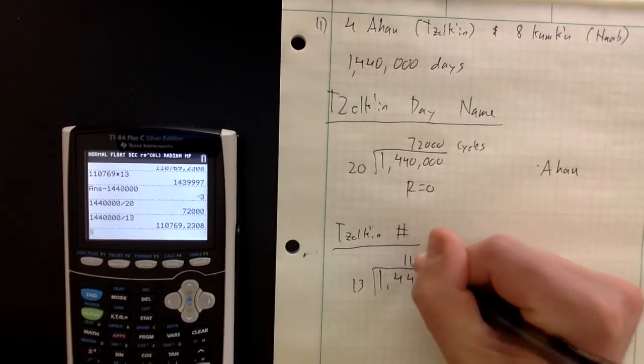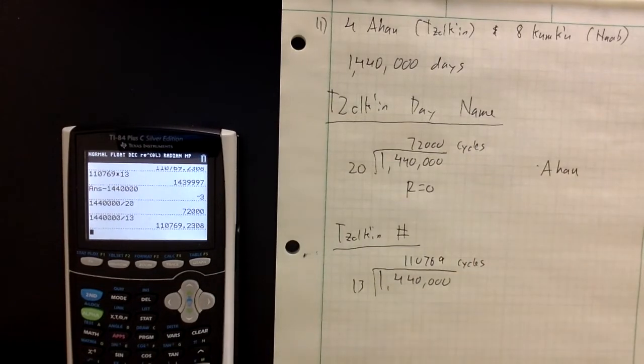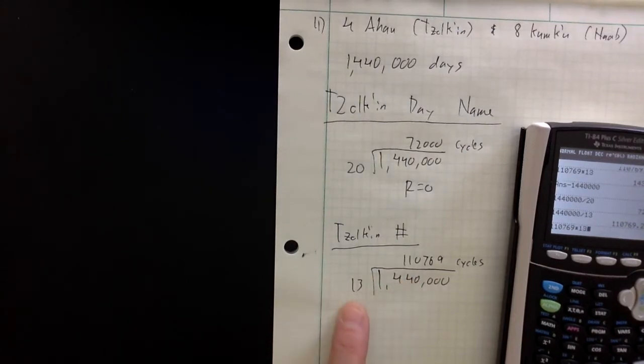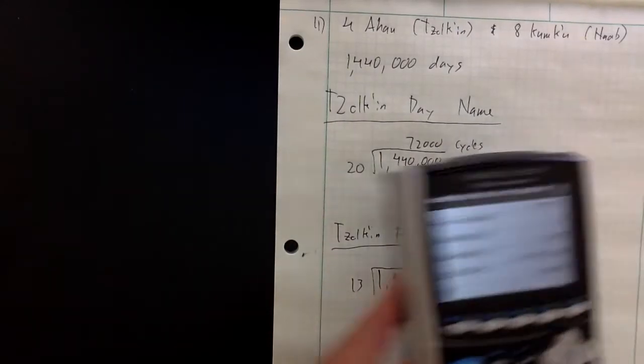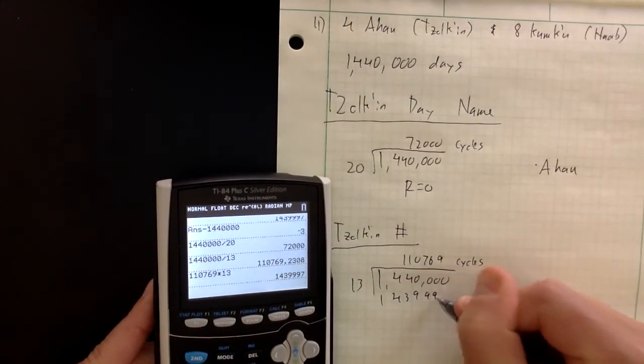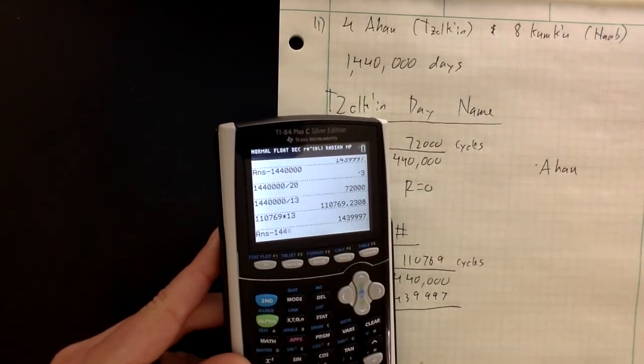We get 110769 cycles, but we really need the remainder. So I'm going to take this number, 110769, multiply it by 13, and we get 1439997. I think that's going to be a remainder of 3.